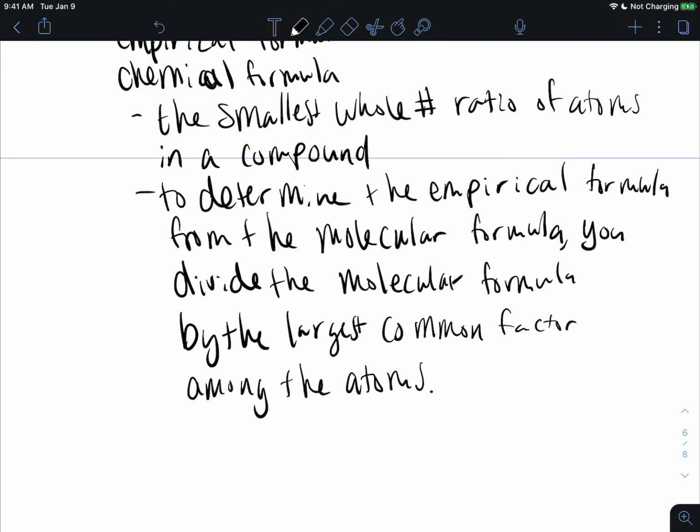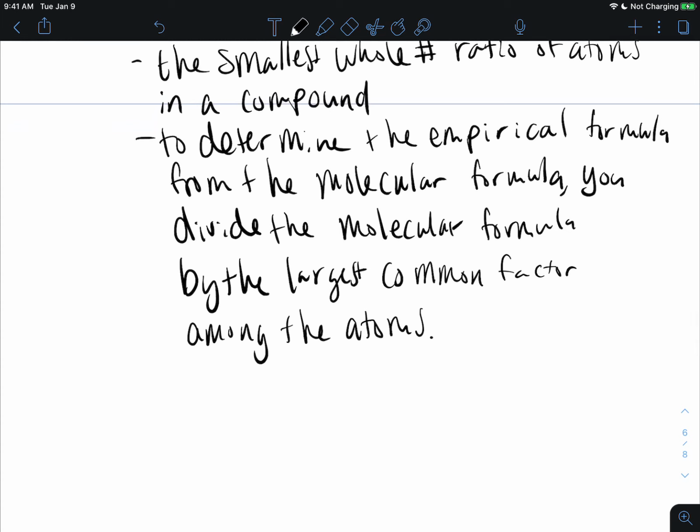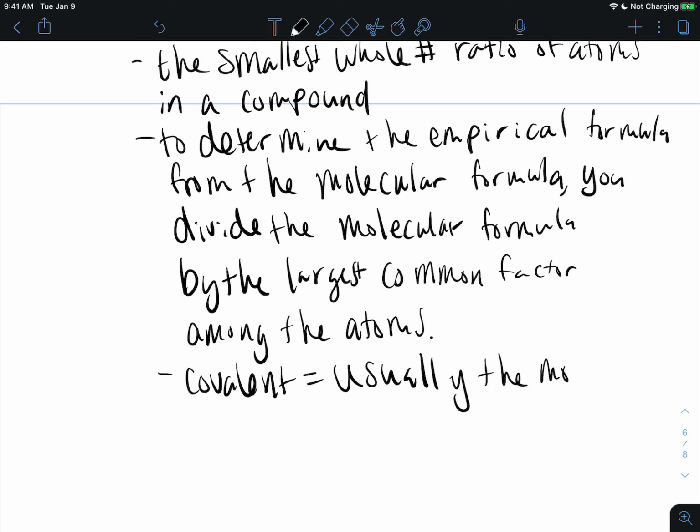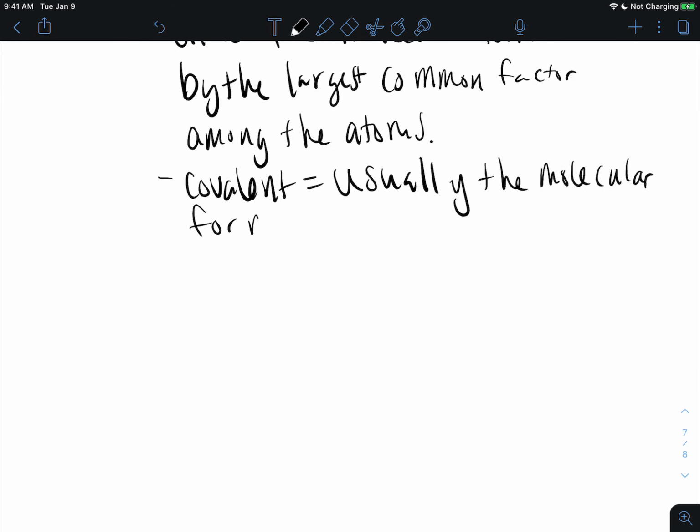Okay? Generally, when we're talking about a covalent substance, we always use a molecular formula. And then when we're talking about an ionic substance, we always use the empirical formula. So covalent, usually the molecular formula. Ionic, always the empirical formula.